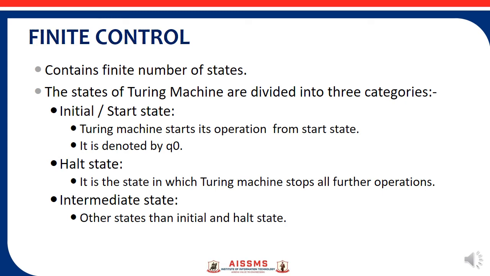So we always start our computing from the start state, which is denoted by Q0, and the halt state is a state in which the Turing machine stops all further operation. So in case it has to reject some particular string, then it can go to the halt state. Intermediate state is the state other than the initial and the halt state.